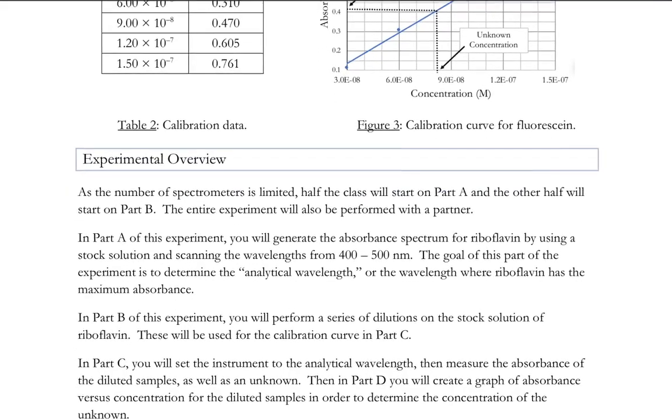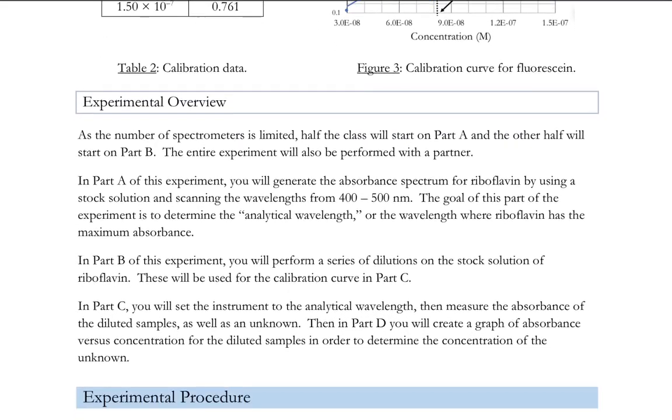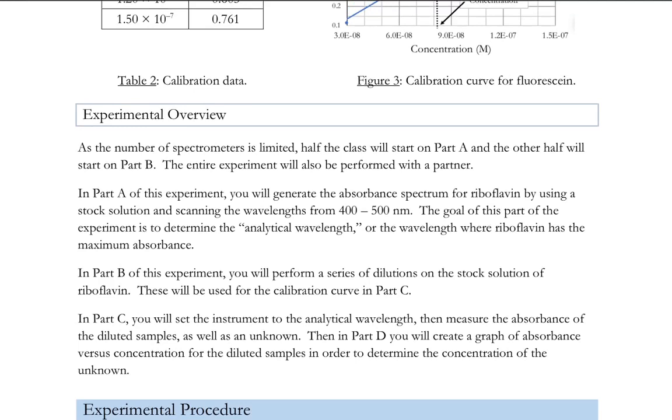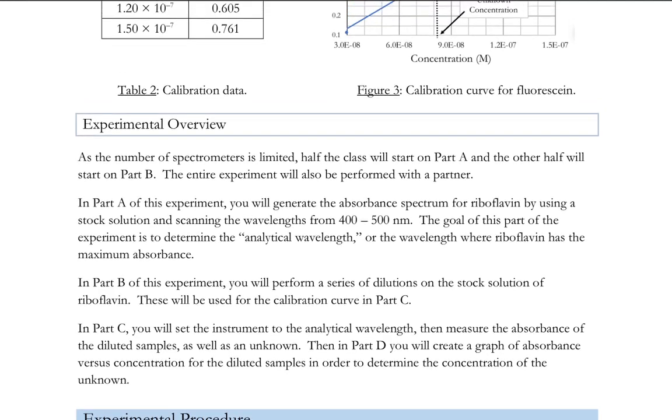Alrighty, so part A of this experiment is generating that absorbance curve, determining the peak wavelength, the analytical wavelength. Part B is to make those dilutions, and part C is to determine the absorbances of those different concentrations.